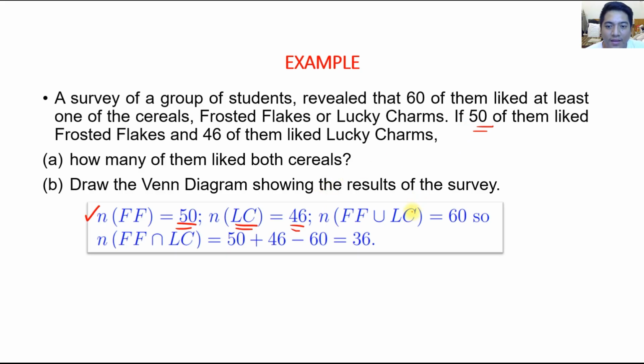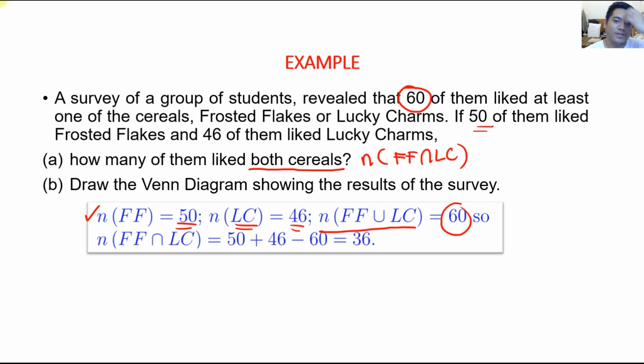So, if you get the union of that, that should be 60, because the union of both shows the at least one of the cereals, which is 60. So, to get how many of them like both cereals, it denotes the N of the intersection of the Frosted Flakes and the Lucky Charms.